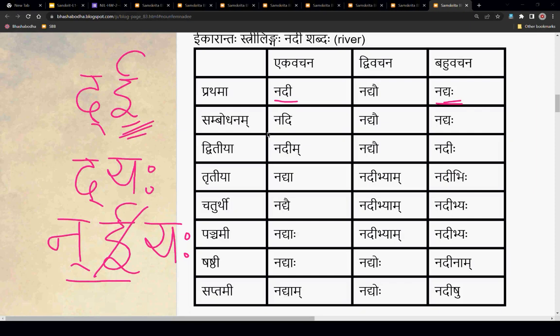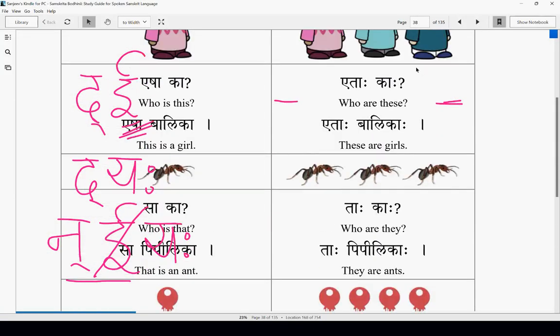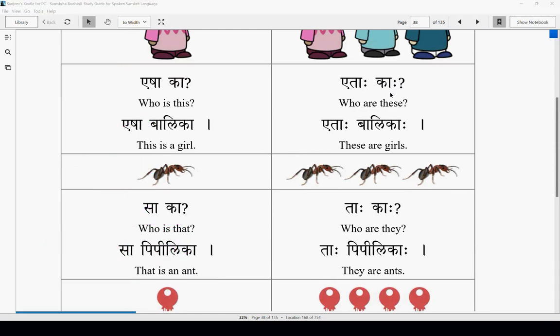Bhavati ka, Bhavati Shikshika, Bhavati Balika, Bhavatyaha. Now, if you want to ask Bhavatyaha, we already have the question word here. If the Ekavachana is ka, Bhavati ka, then Bahuvachanam is kaha: Bhavatyaha kaha, Bhavatyaha Balikaha, Bhavatyaha Lekhanyaha, Bhavatyaha Shikshikaha.